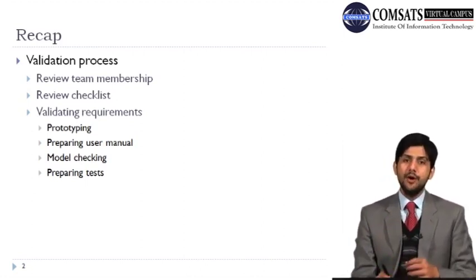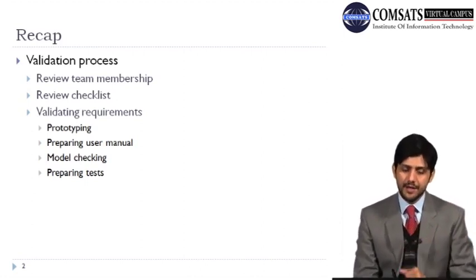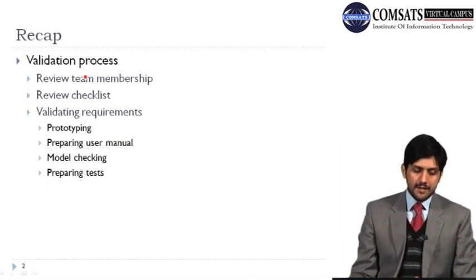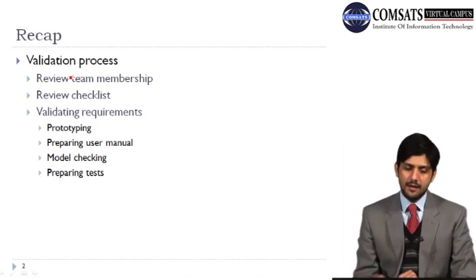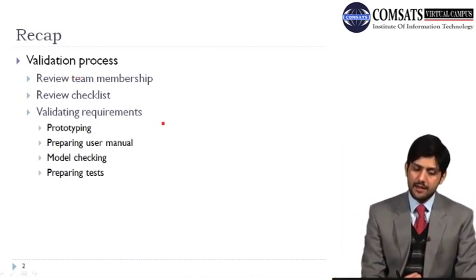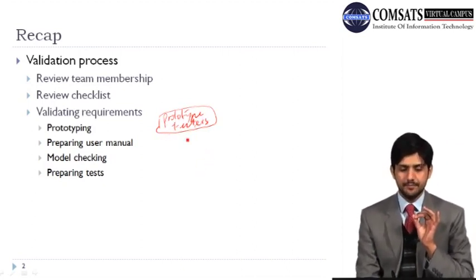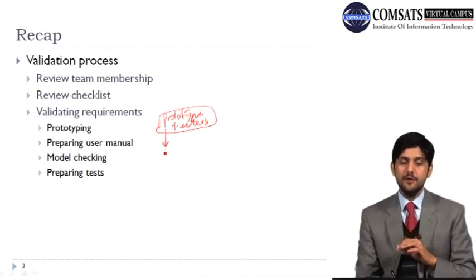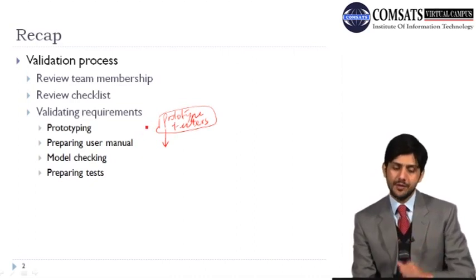And something very important: what are the steps involved in prototyping for validation? One thing which is very important, and consistent with the review process, is that we select the people who are going to test this prototype. So we select our prototype testers. Again, what sort of people should be the testers of the prototype?